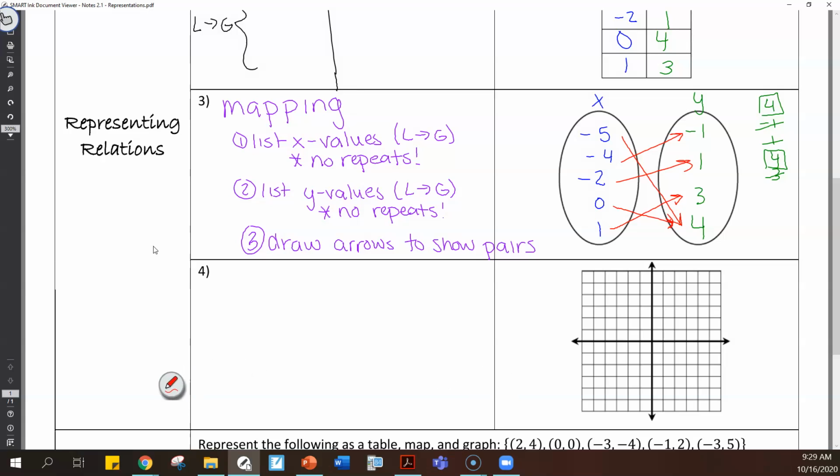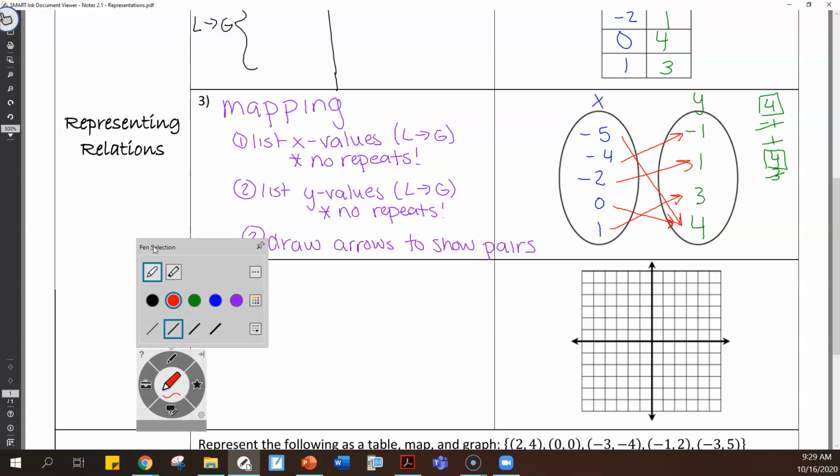The last way that we're going to represent this is in a coordinate plane or in a graph.